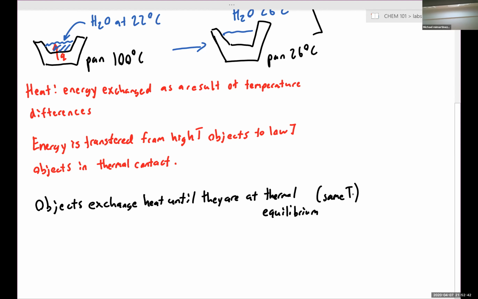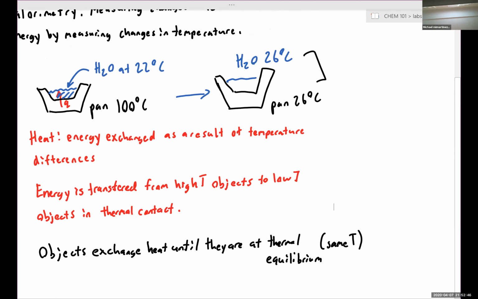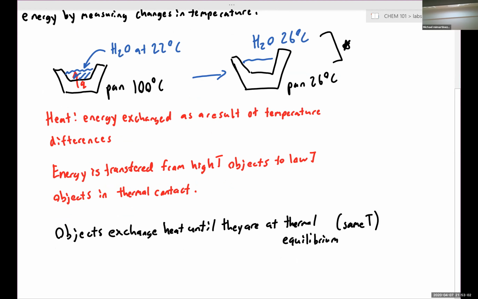That's it. So objects will exchange heat until they're at the same temperature. Does everyone notice how the water and pan at the end of this process are at the same temperature? And that in turn means they're at thermal equilibrium.